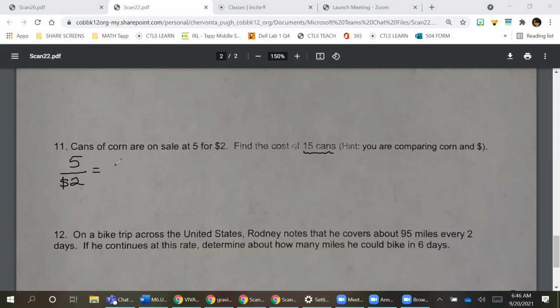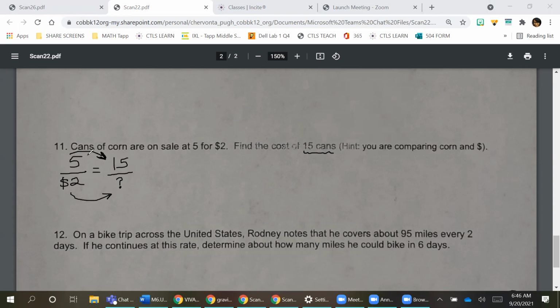So remember, cans are up there on the top. So now I'm going to make that number equal to 15. And we don't know how much it's going to cost. So remember, I'm going to point to what I don't know. And look up here, I see I'm going from 5 to 15. Well, how am I going from 5 to 15?